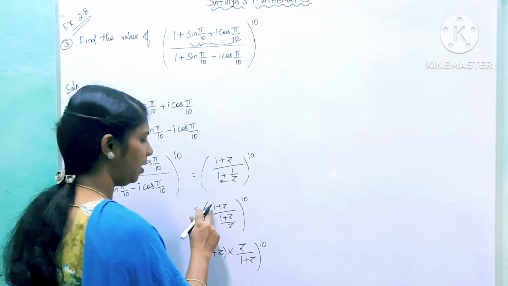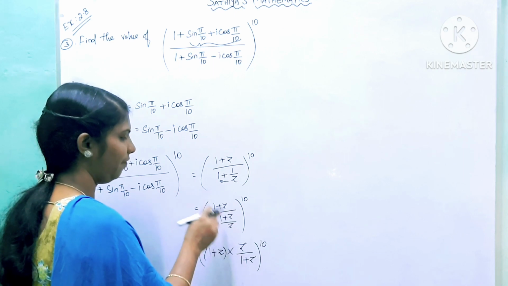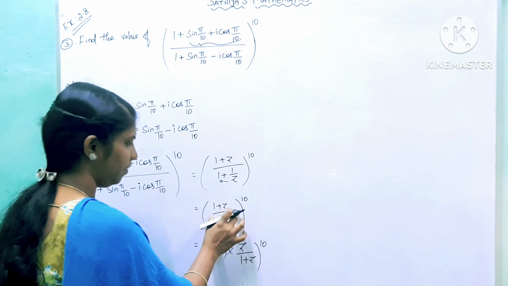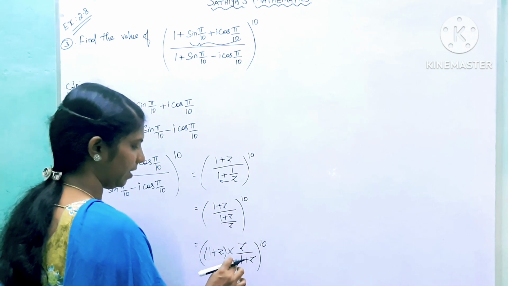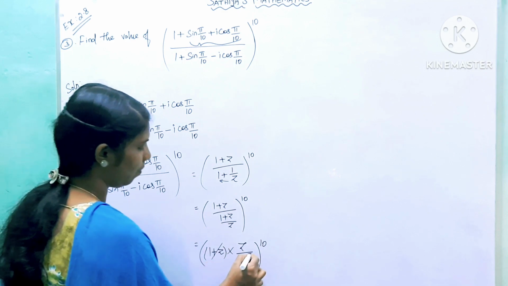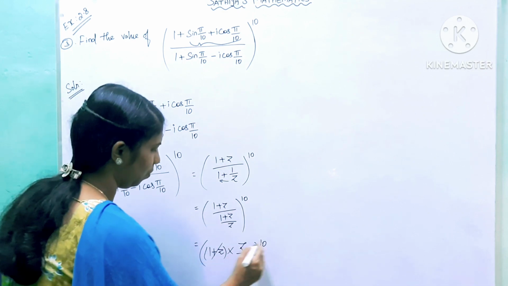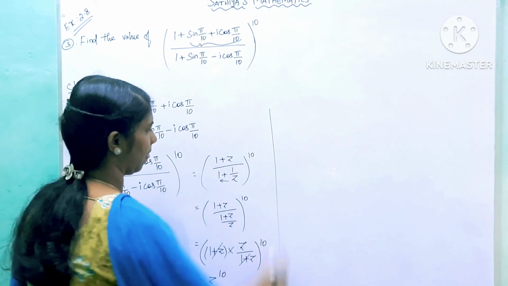This is possible only when the denominator has another fraction. So if there is another fraction, this division becomes multiplication and the denominator goes as a reciprocal. Remember this point. Then 1 plus z cancels. So we are getting only z power 10 here.